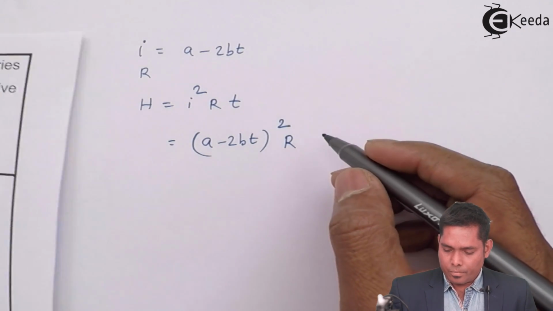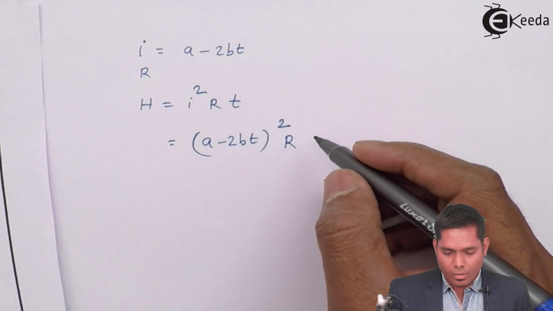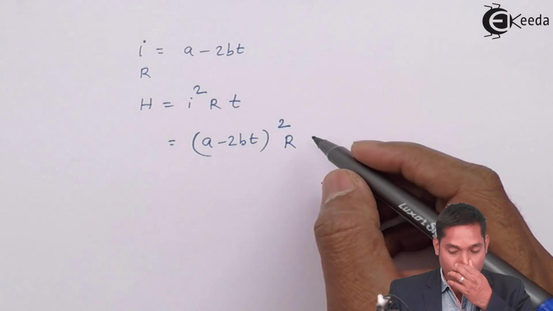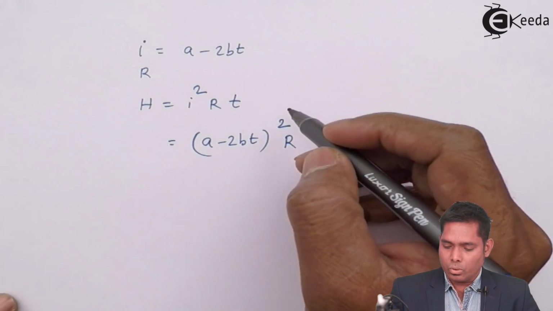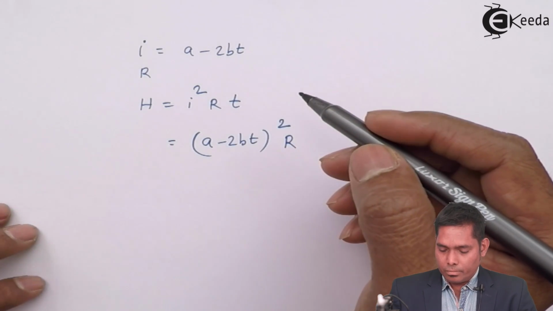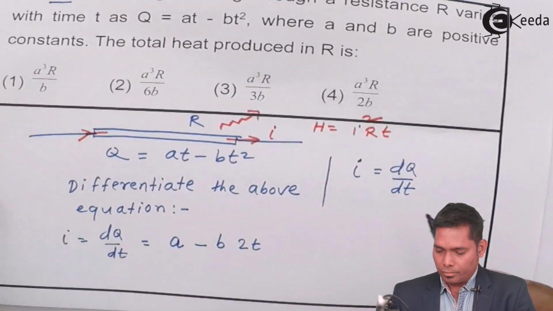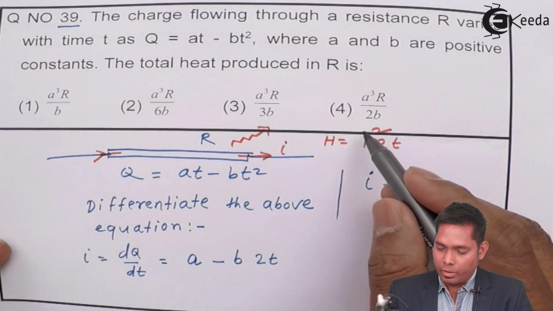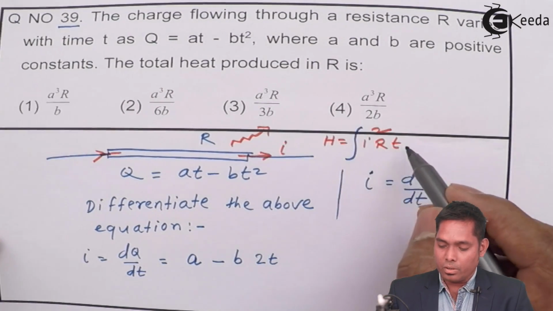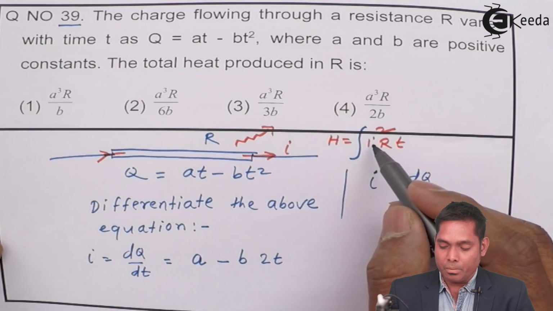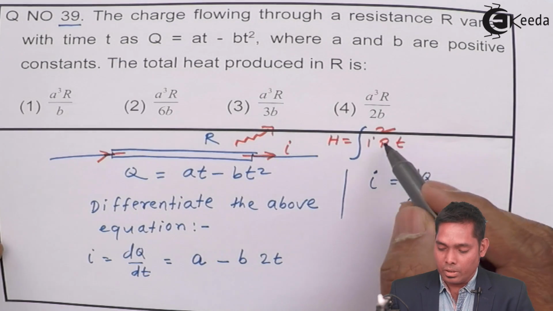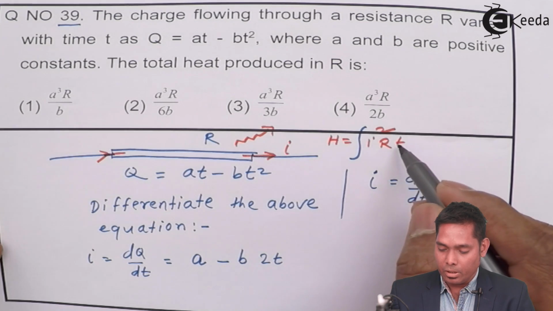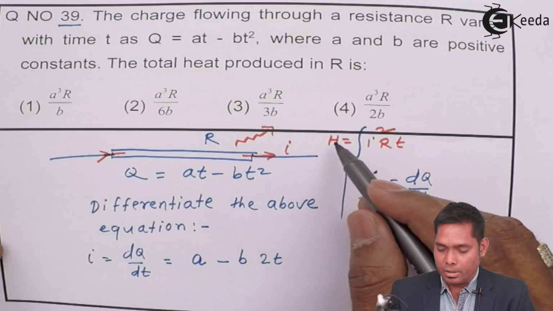But the thing is that because we have to find the total heat produced, I have to integrate this because this is variable, so I have to integrate this taking time as the variable dt.